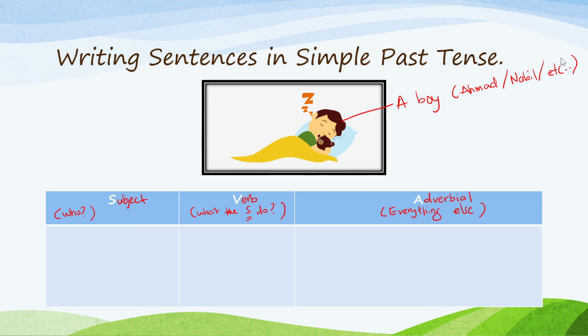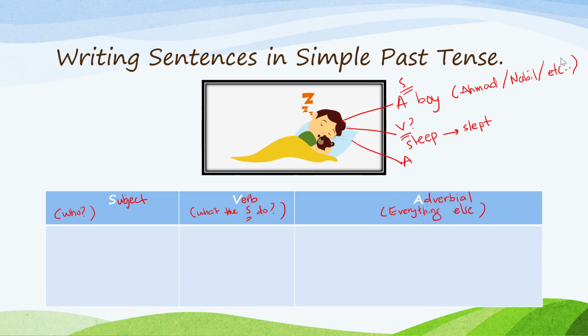Okay, what did he do? The verb is sleep. Because we want to use simple past tense, so we have to change it into past tense, which is slept. Slept.